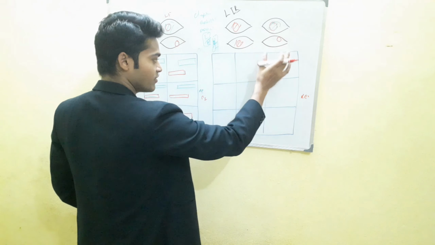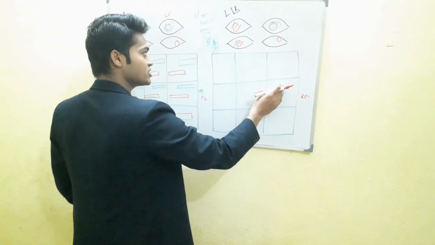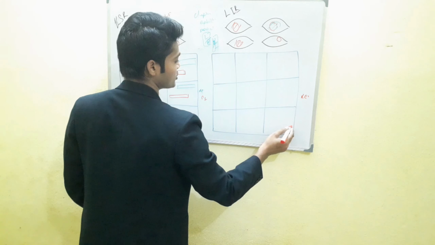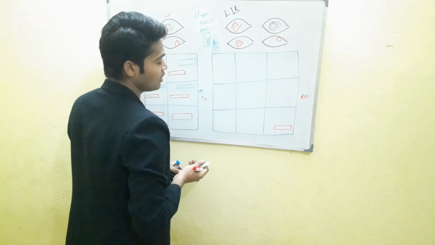Simply, this is the patient's left side and this is the patient's right side. The image is getting changed, the right image is getting above, and the maximum separation is in the depressed part. If we draw the image here, the right eye image is simply above the left eye image, right over left eye image.